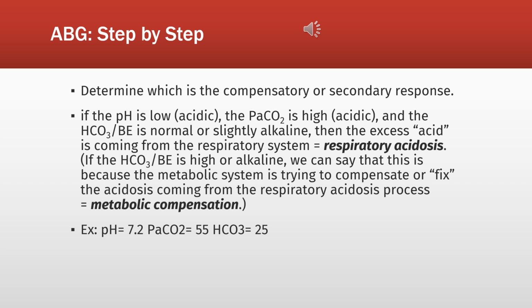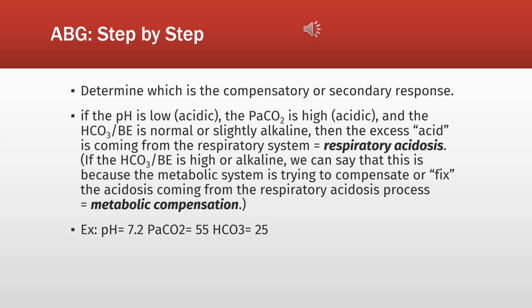The reason that you can tell whether it's a compensation versus the actual response that's making the pH either high or low is, again, if you do the stepwise process. So let's use one where it is not acidic. So let's say the pH is, say, 7.55. So that is a high pH, that is an alkaline pH. And let's say the PaCO2 was 55 and the HCO3 was 12.